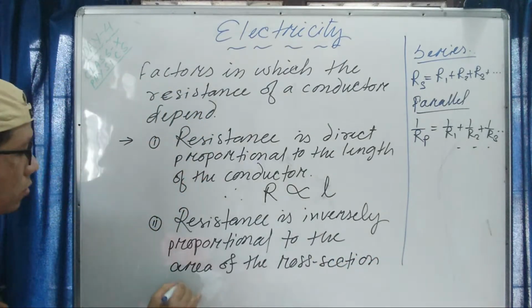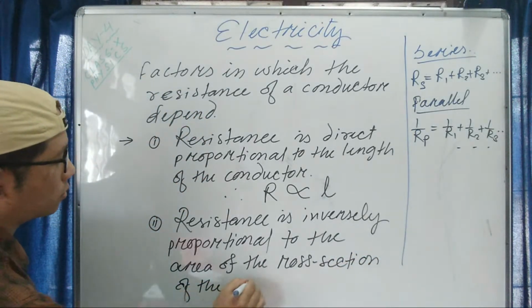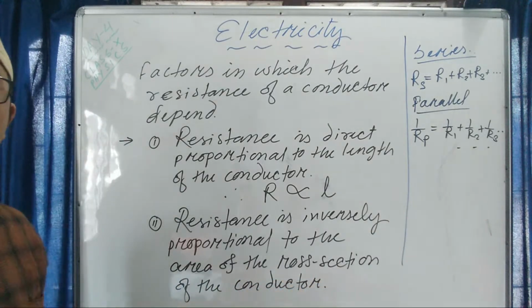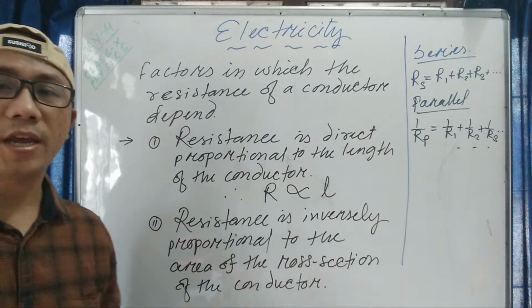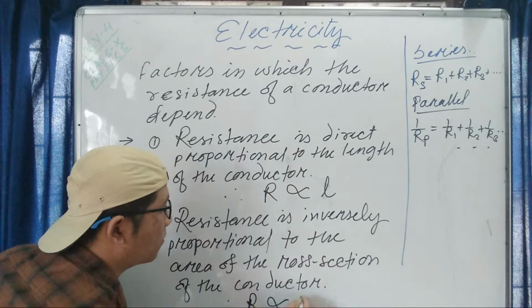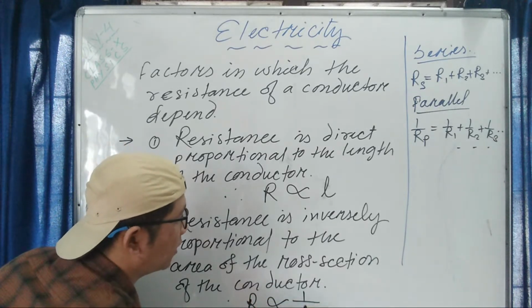You should not be confused about the area of the cross section. Therefore, R is inversely proportional to the area of cross section.